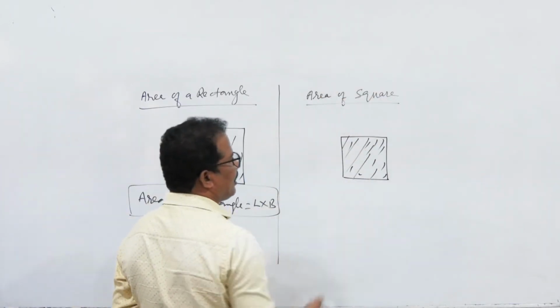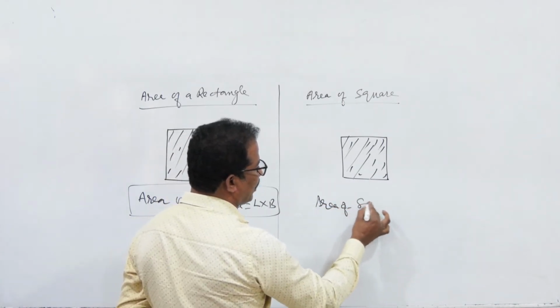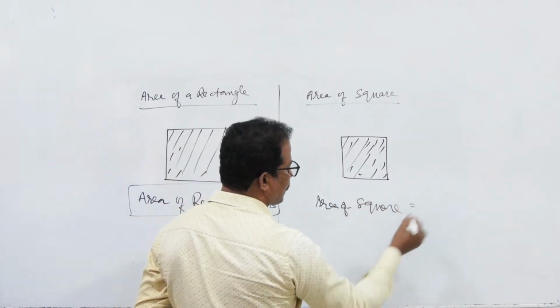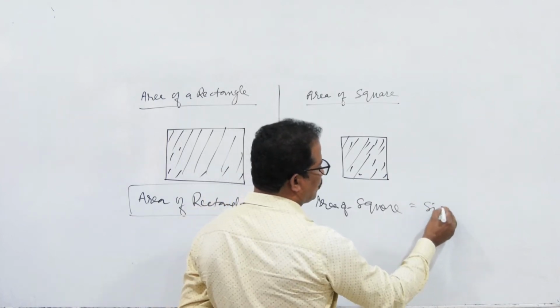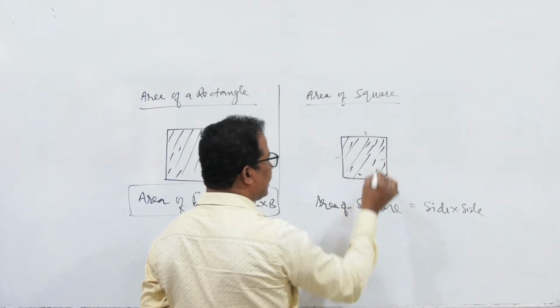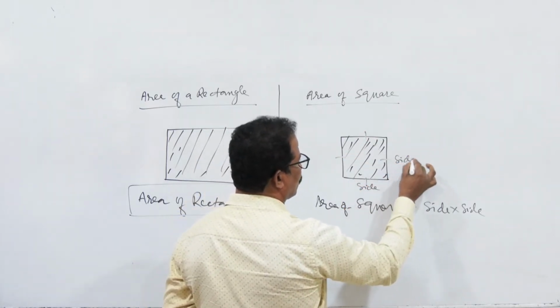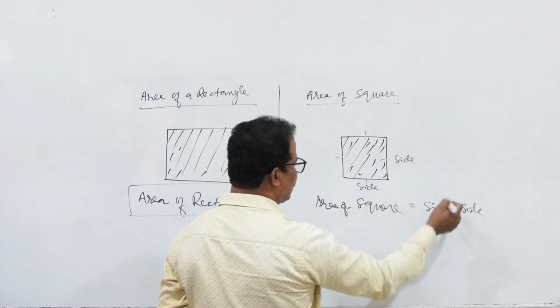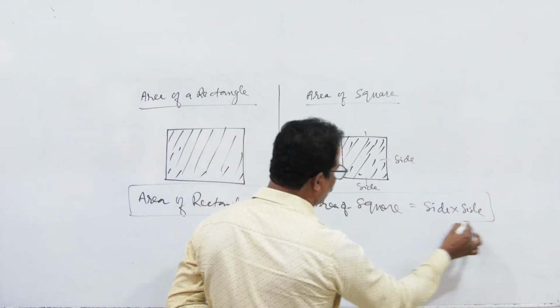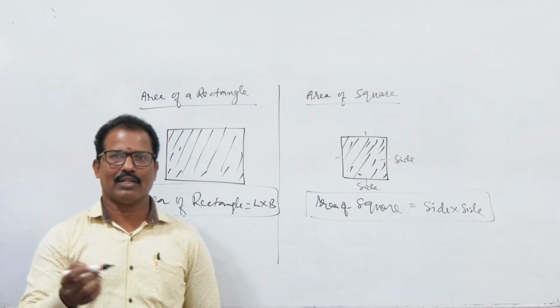Similarly, for the area of a square, side into side, because in a square all the sides are equal. So length into breadth means side into side. We are going to use this formula for finding the areas of squares in the next exercise.